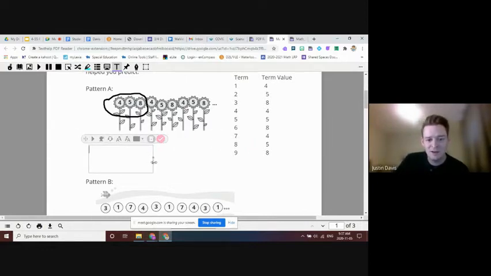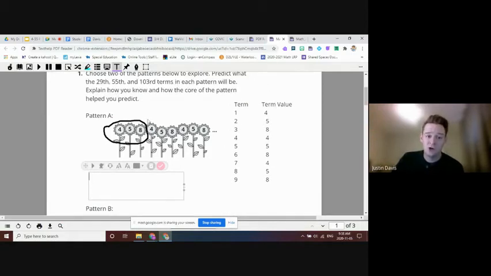So there is a more mathematical way that we could figure out our future term values. So if I want to know what the 29th term will be in this pattern, well, I know that it repeats. It goes 4, 5, 8, and I know that 8 is the third term.